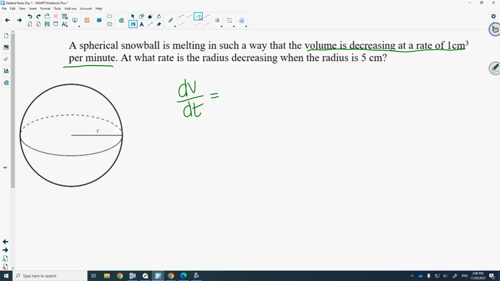Good. That's right. So we've got a snowball, big, huge snowball, let's pretend. It's melting at a rate of 1 centimeter cubed per minute. At what rate is the radius decreasing? So Owen, what do you want that to be? At what rate is the radius decreasing?